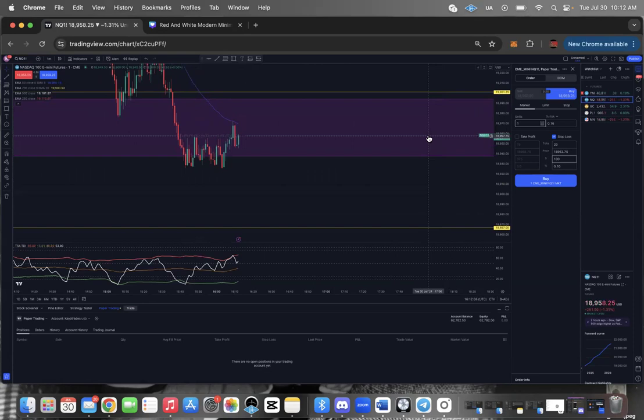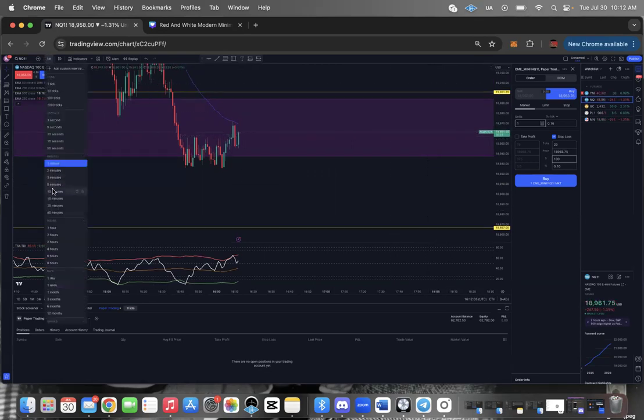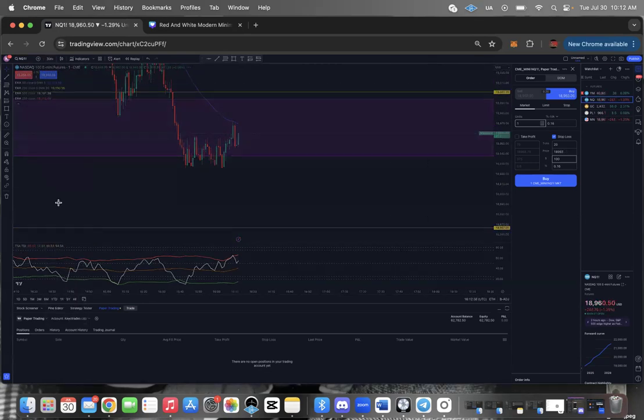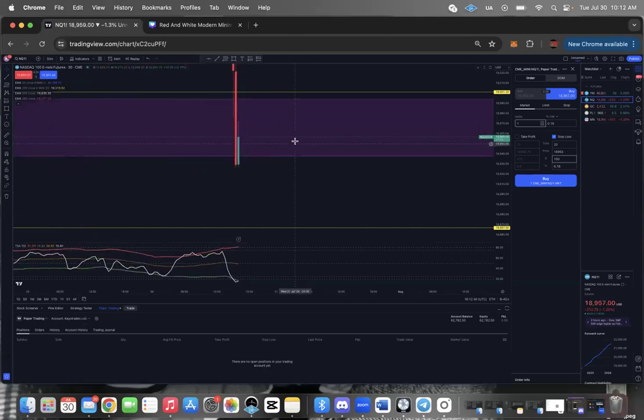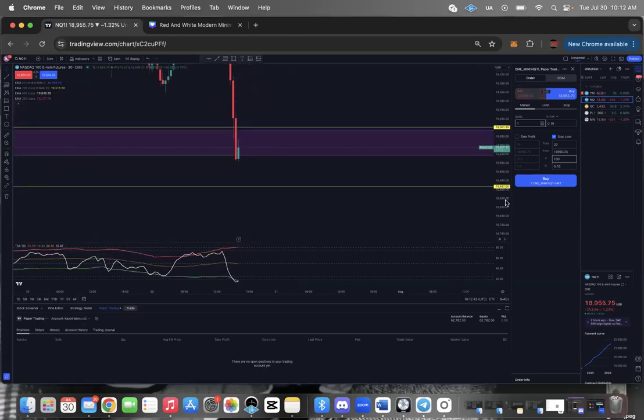If I was on the 30 minute or the 1 hour, in the grand scheme of things, I have no problem entering this trade right now because I'm still in my buy zone, right? But I'm aware that my stop loss needs to be larger. It needs to be over here at the very least.